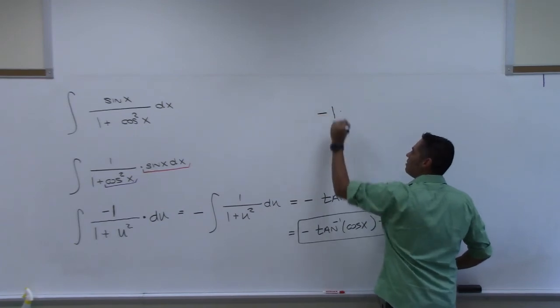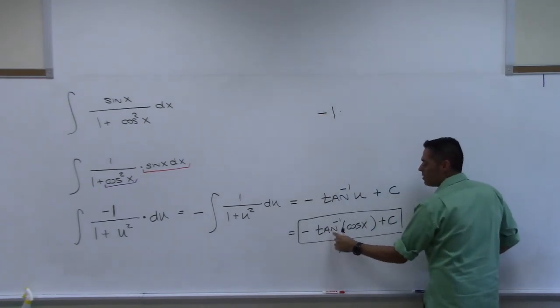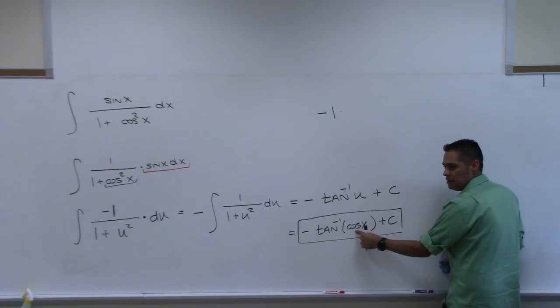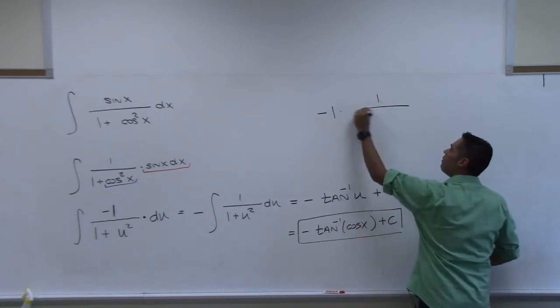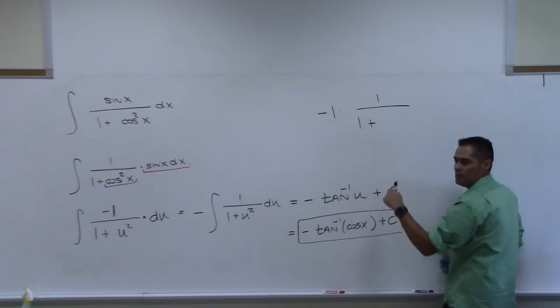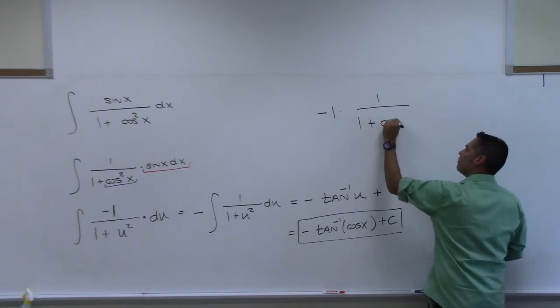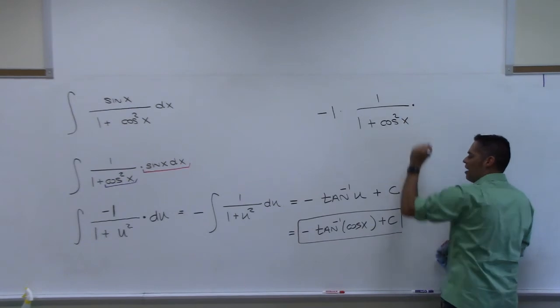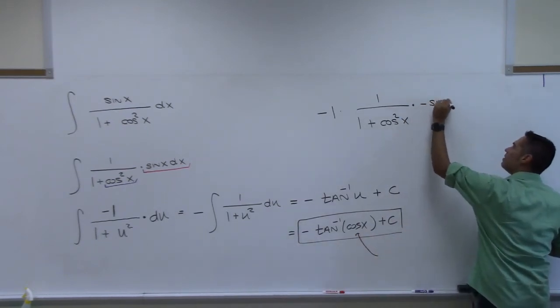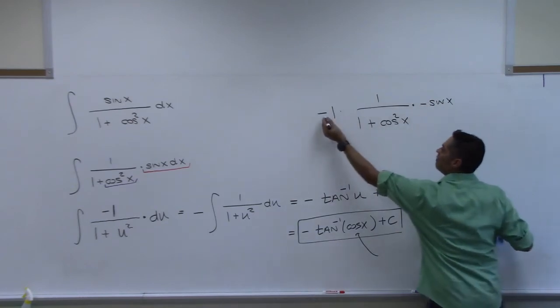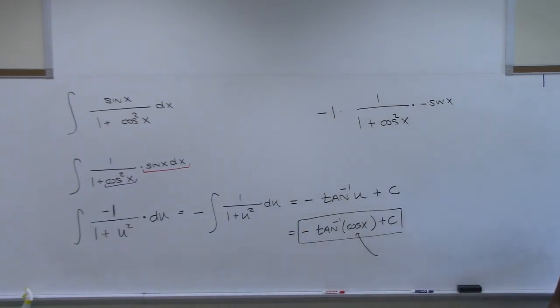I'll make it a -1 times the derivative of arctangent of something, chain rule, right? Derivative of arctangent of something is 1 over 1 plus the something squared times, chain rule, the derivative of what's in here, which is negative sine x, and this negative and negative become plus, and you go back to where you came from. Okay?